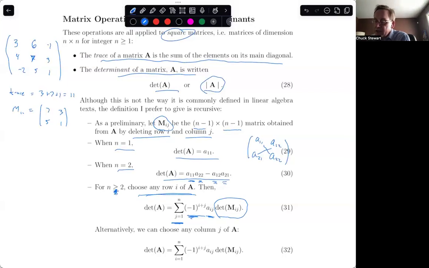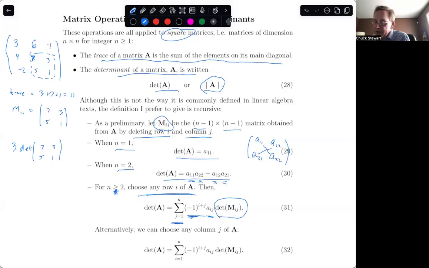So with this, it's 3 times the determinant of 7, 3, 5, 1. So that is obtained by combining 3 with this submatrix. And again, you have I in that upper left corner, you have I is 1 and J is 1. So that's minus 1 squared, and so that's positive.